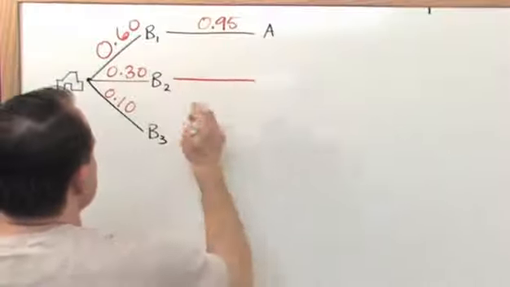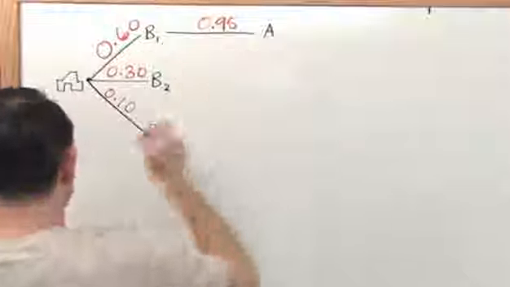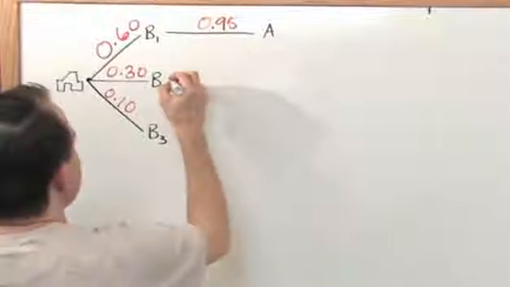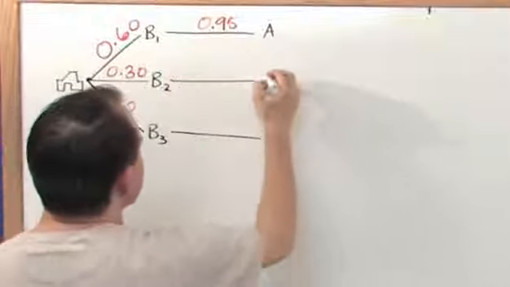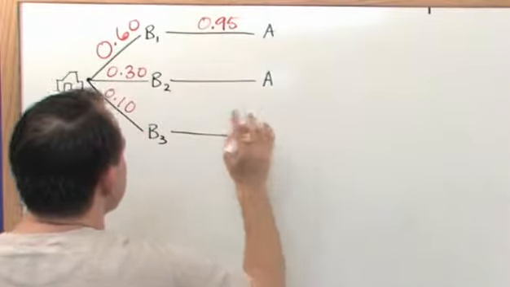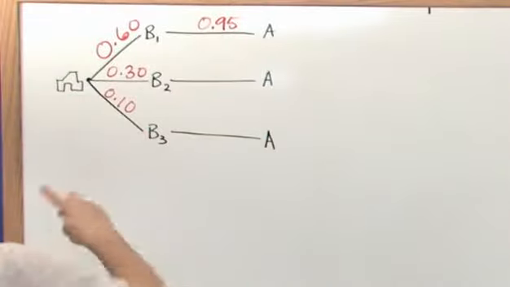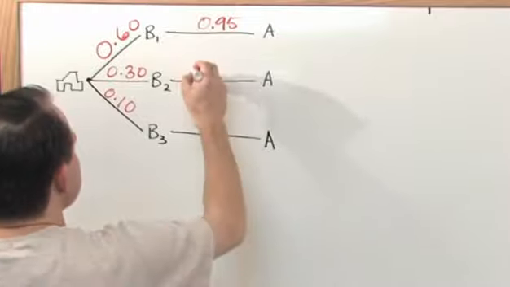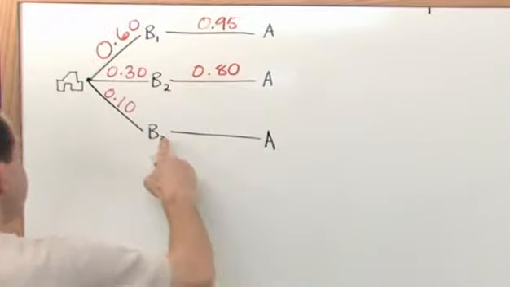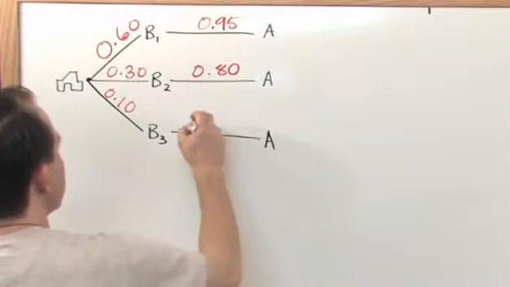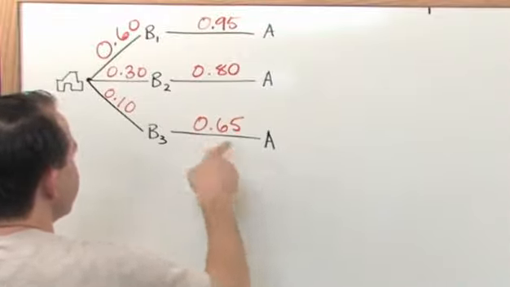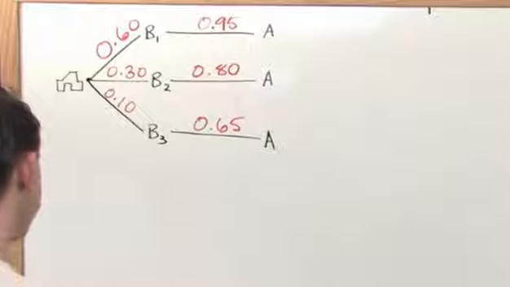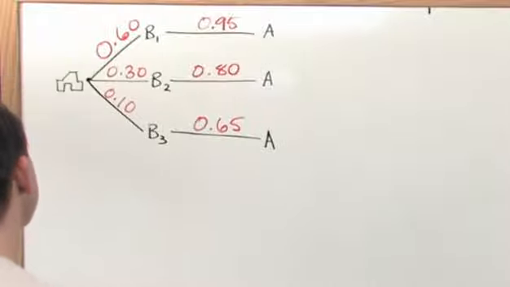Plants B2 and B3 also produce cars, each leading to event A. Plant B2 has error-free cars 80% of the time, and plant B3 has error-free cars with a probability of 0.65.